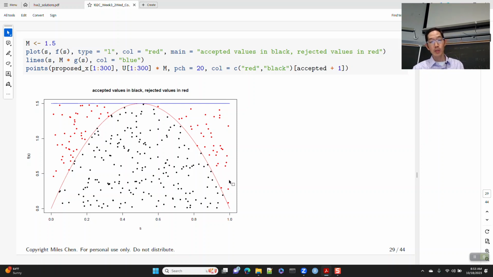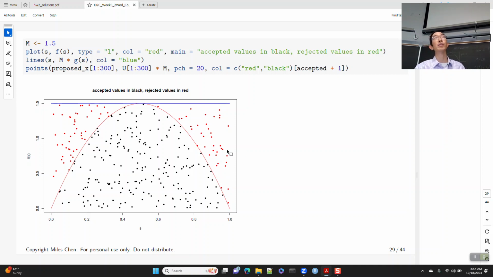But for values at 0.9, a lot were rejected, because the height of U here is 0.36. When U was less than 0.36, we accepted it, but when U was greater than 0.36, we rejected it. All of the values that were proposed and then rejected show up in red.